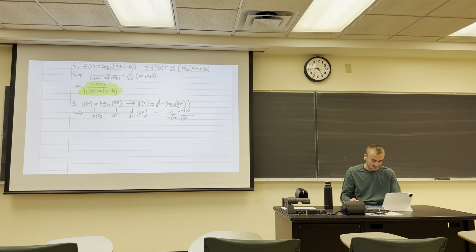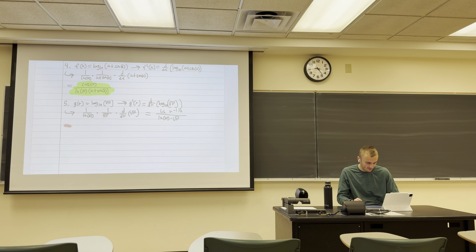Again, all that's just getting squished together there on the bottom. And you could leave it like this. This would be a perfectly acceptable answer, or you could simplify it down slightly, such that 1 over 2 ln of 10 r is your final answer. Either way, it doesn't matter. You could stop here or simplify it down slightly to that.